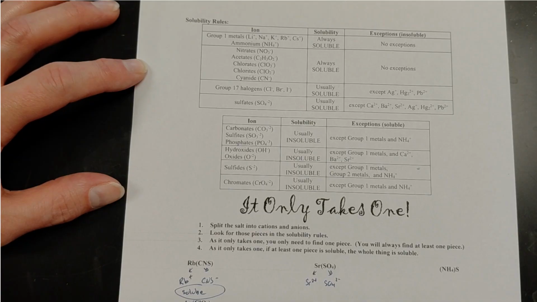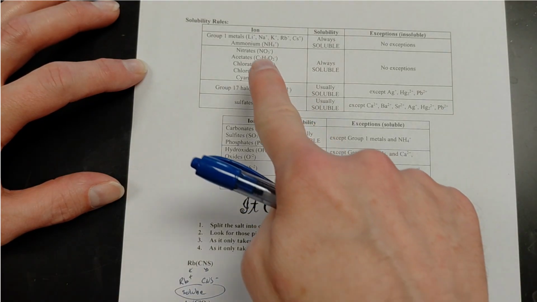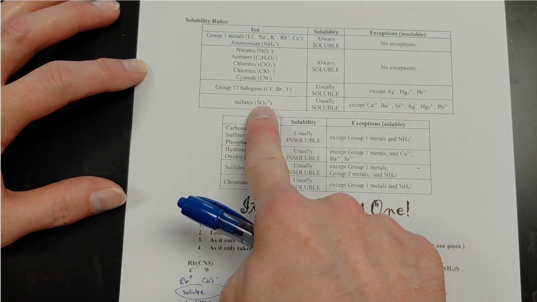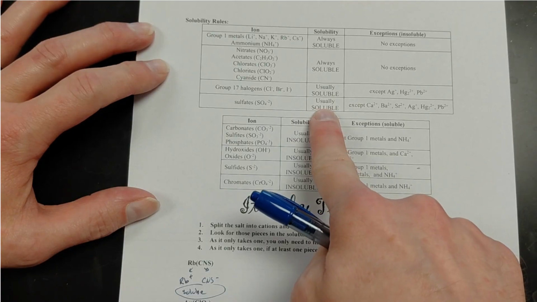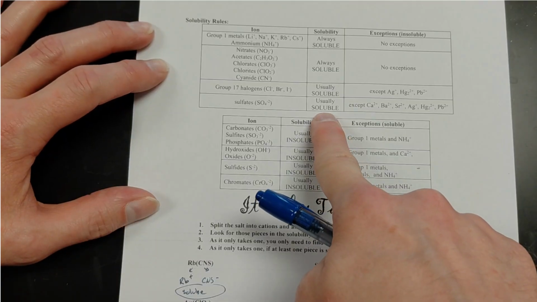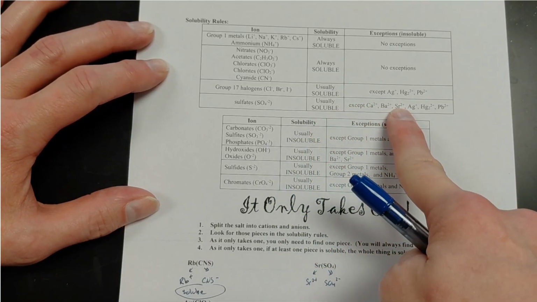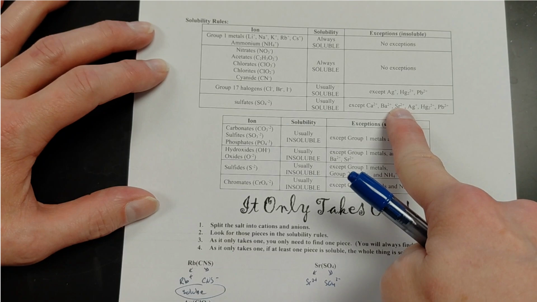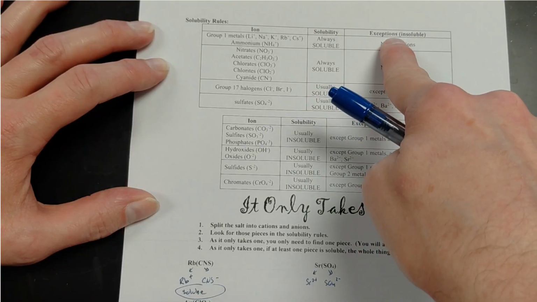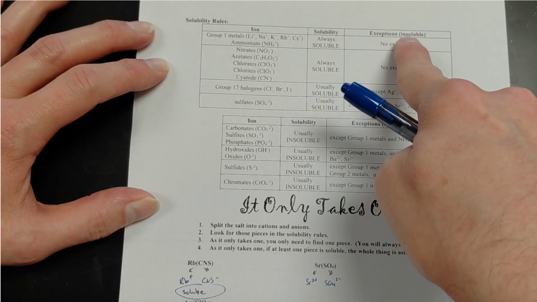I should then find an SO4 piece. So I'm going to take my finger and go SO4, SO4, SO4. And in fact, yes, I do see an SO4. Usually it's soluble, but let's check the exceptions. Look at that. Strontium is an exception. If you hit an exception, you move your finger up, and it is insoluble.